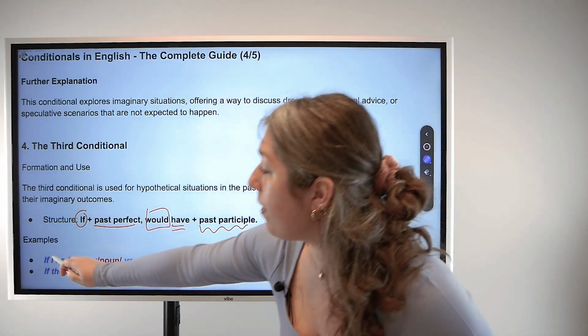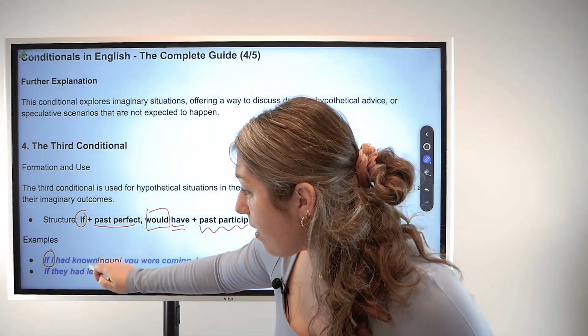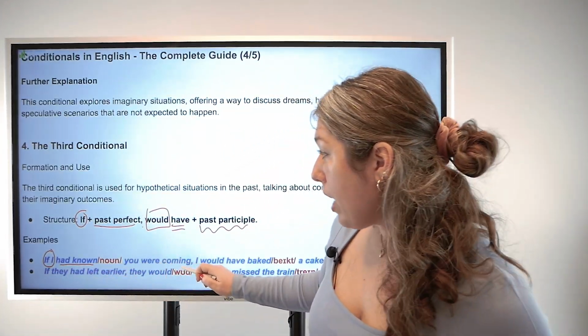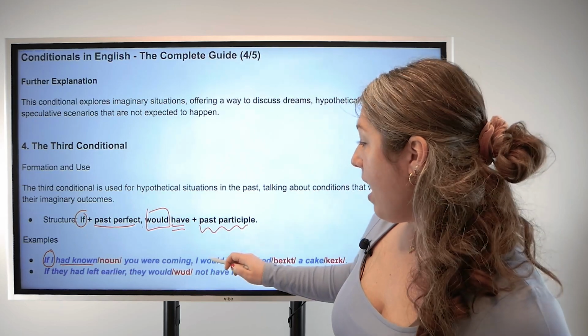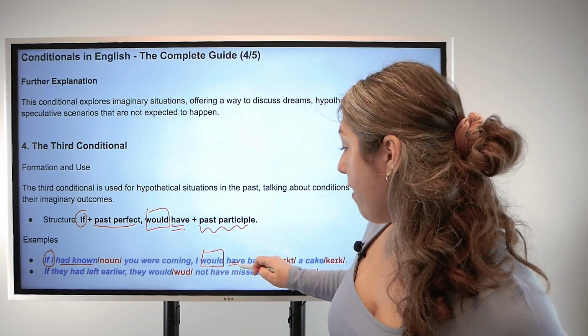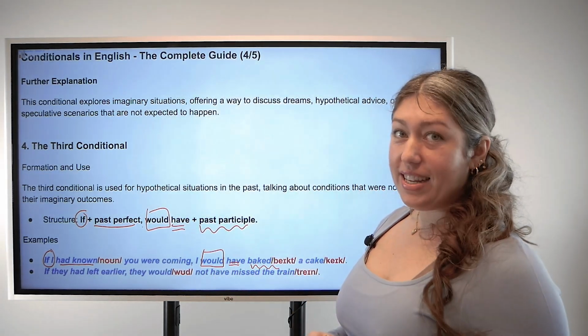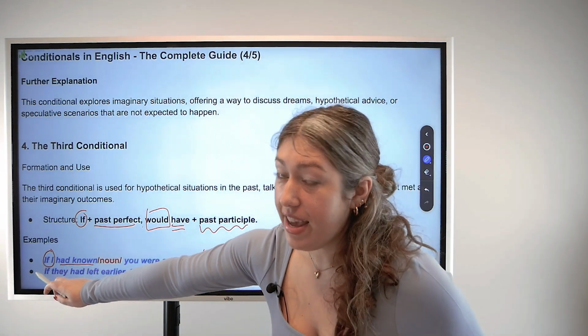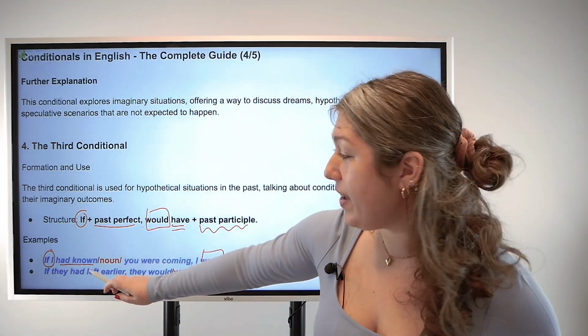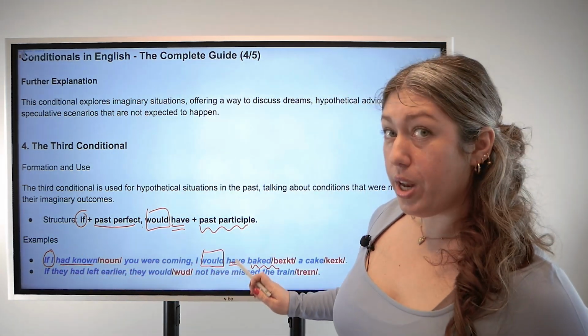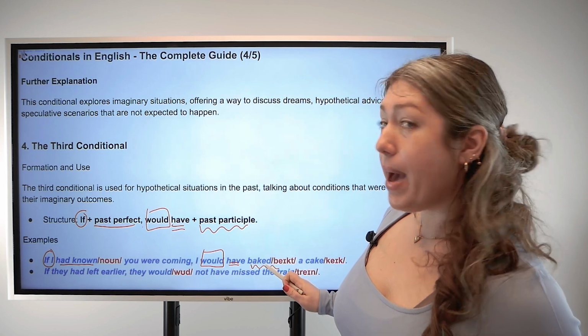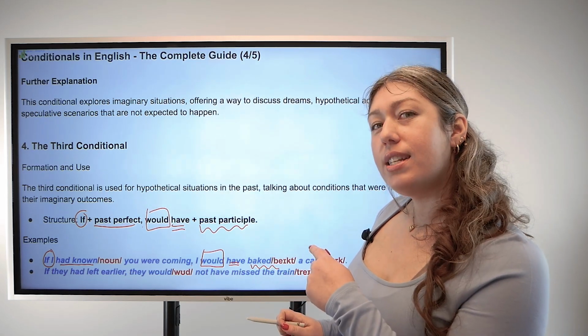For example, if I had known you were coming, comma, I would have baked a cake. We have if, the past perfect, comma, would have, and past participle. And let's look at pronunciation.